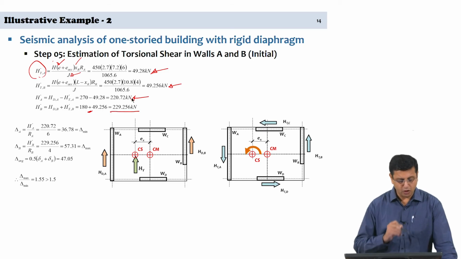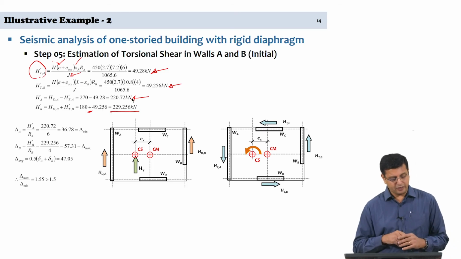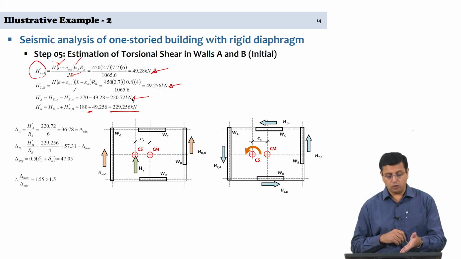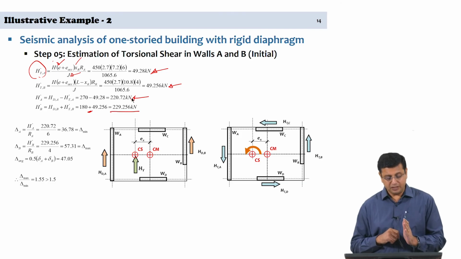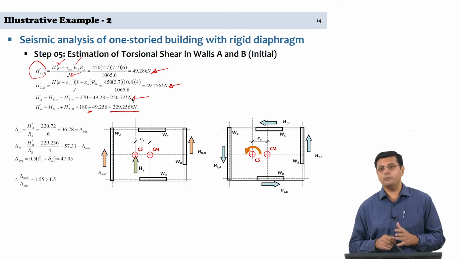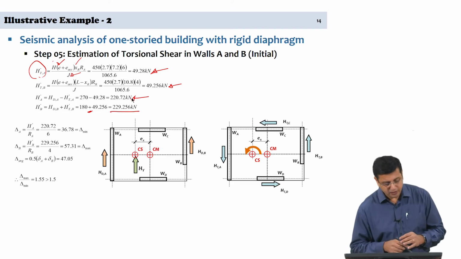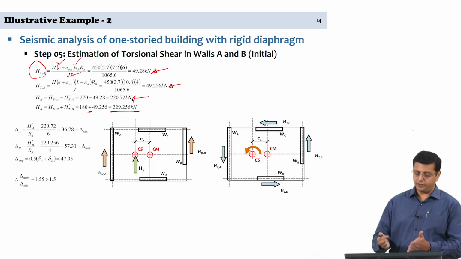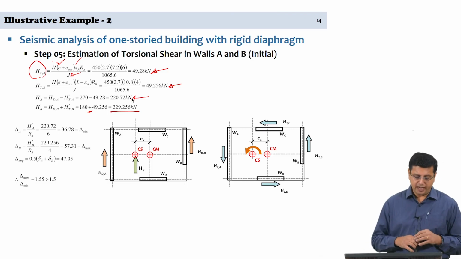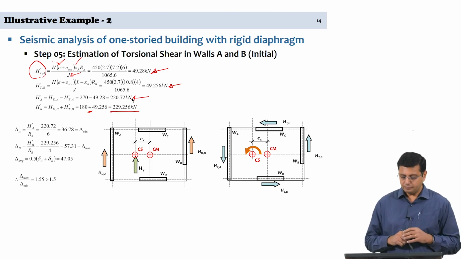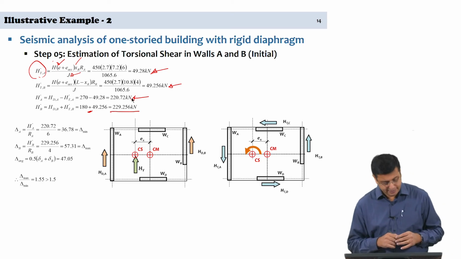With this known, we can quickly make a calculation. I know the shear force now, I know the stiffness of the wall, and therefore, an estimate of the displacement, the drift in wall A and drift in wall B, is possible. And from the minimum drift and the maximum drift, since we are looking at two walls, we will be able to check if the code prescribed limit is exceeded or not.